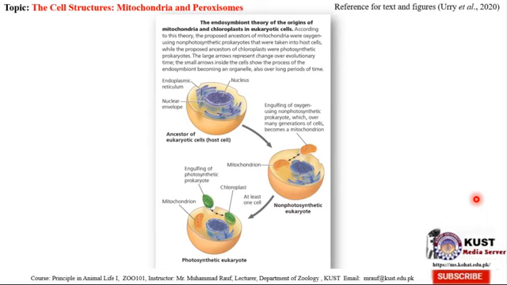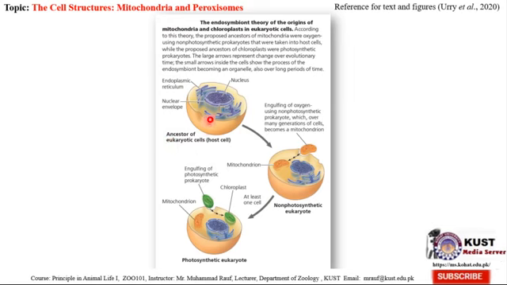Now this figure explains the events which might have occurred in the ancient past. This was the ancestor of eukaryotic cells, and this itself was a prokaryote, but it already had a nucleus, endoplasmic reticulum, and nuclear envelope.